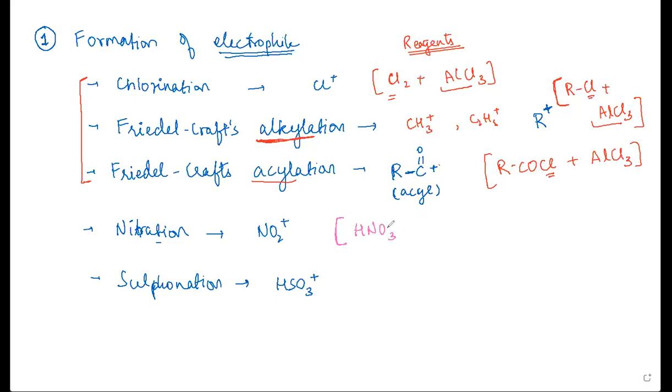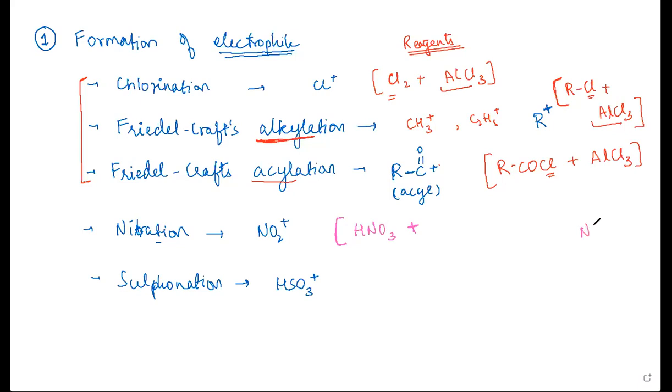Now if you use HNO3 as a regular acid in aqueous conditions, it has a tendency to split into H plus and NO3 minus, right? That's how you get your salts. So in order to get NO2 plus, you need to rip off the H as well as one O.